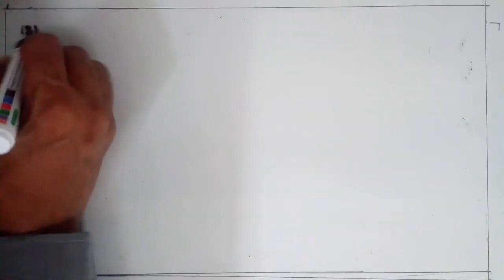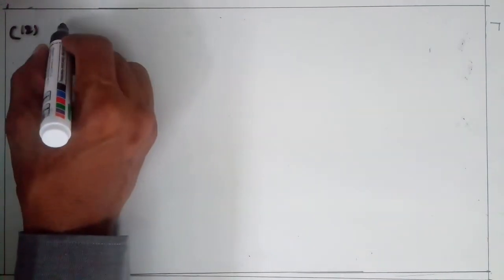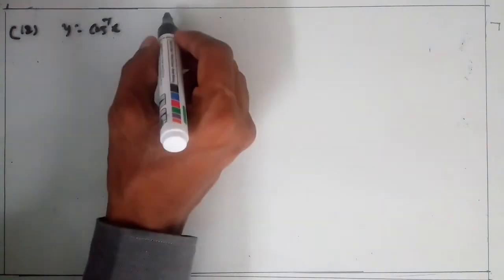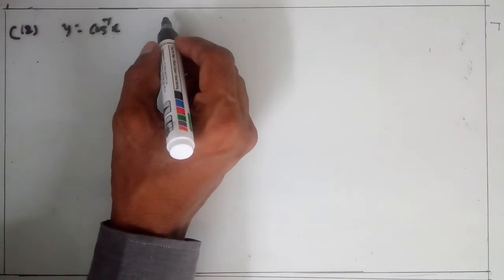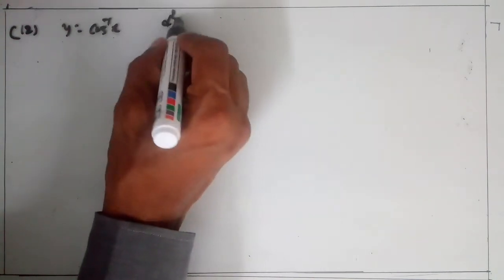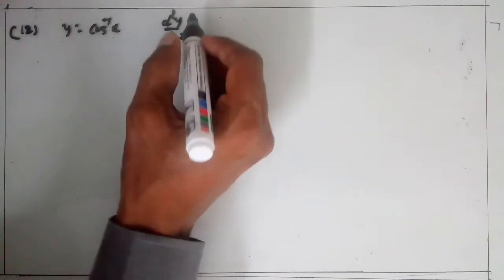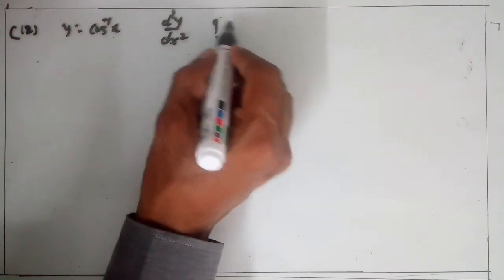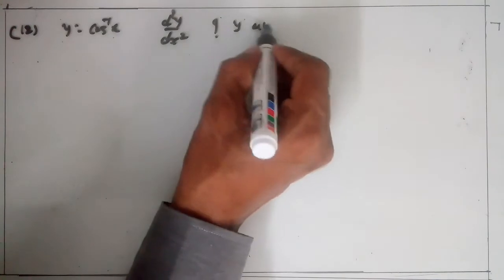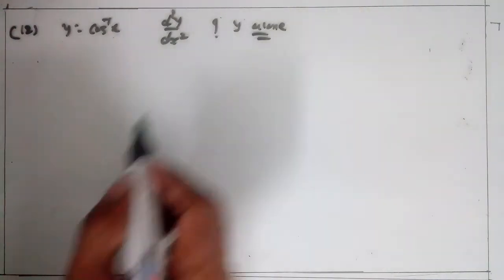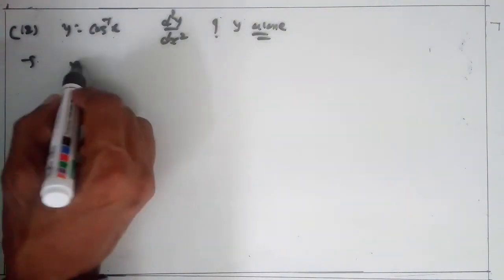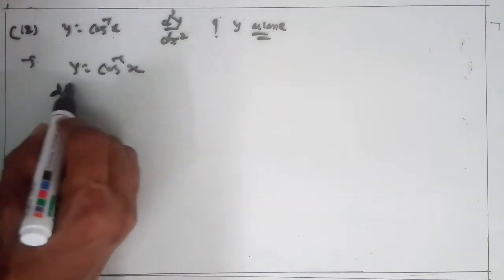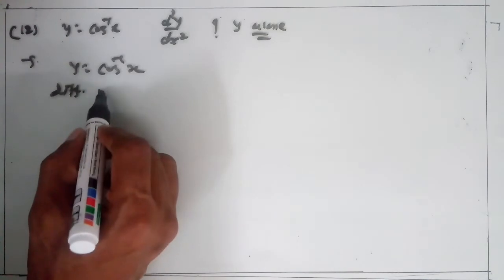Similarly, for question number 12, y is equal to cos inverse x given, then find d square y by dx square in terms of y alone only, in terms of y alone. Here y is equal to cos inverse x given, so differentiate with respect to x.